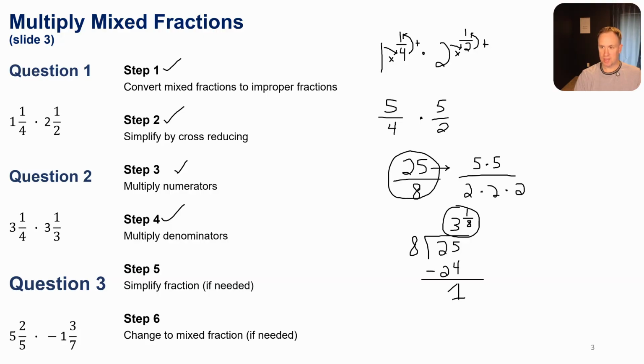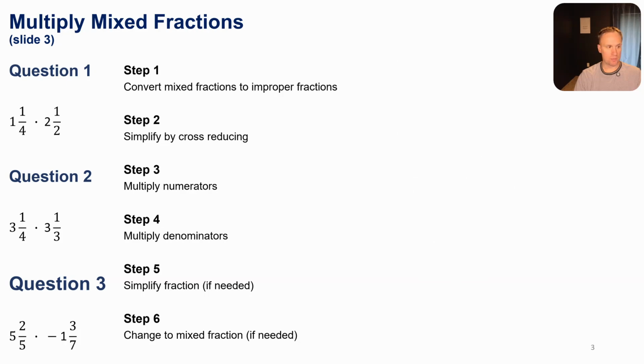Okay, so let's go ahead and look at question number 2 now. So question number 2 is 3 1/4 times 3 1/3. So my first step here is I'm going to convert the mixed fractions to improper fractions.